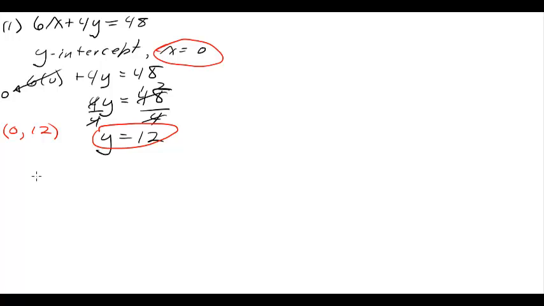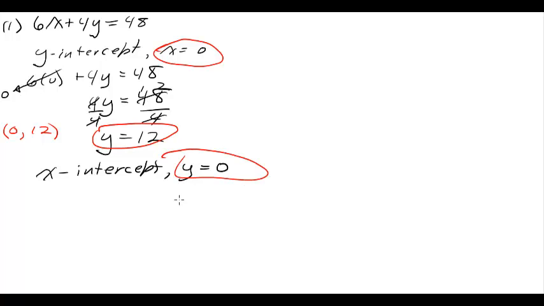Well, the other easy point is the x-intercept. And it's easy because it uses the same KISS principle. We're going to keep it simple, stupid, by using the great destroyer, at least the great destroyer in multiplication, and that's y equals 0.